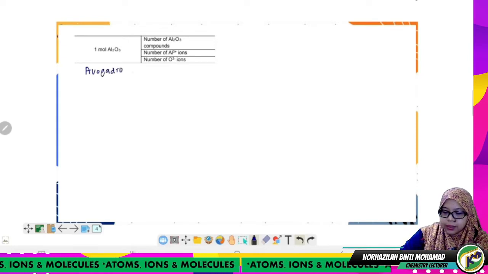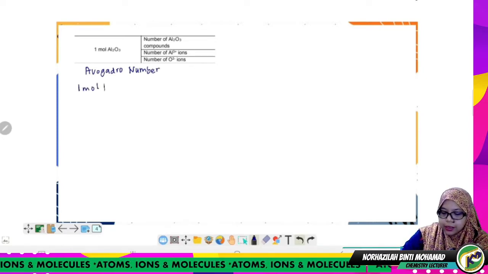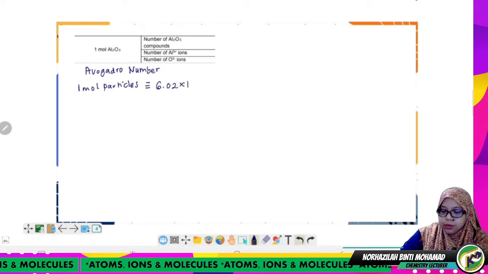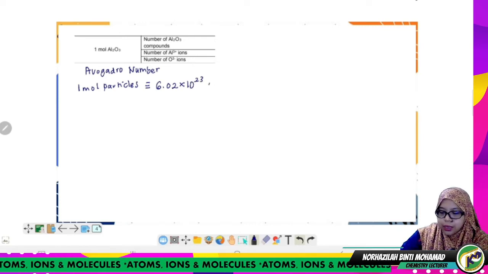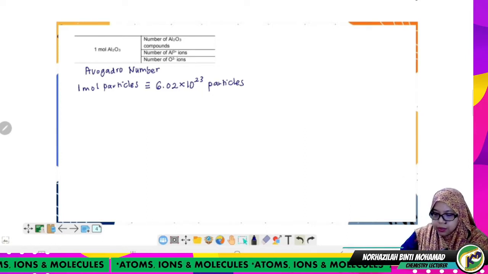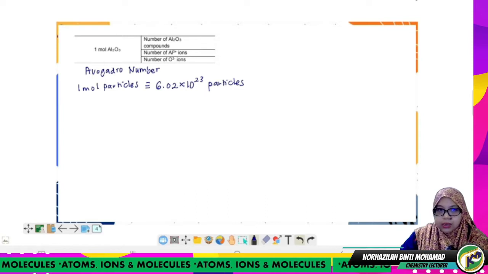We write it first so that we don't forget. 1 mole particles is equivalent to 6.02 exponent 23 particles.